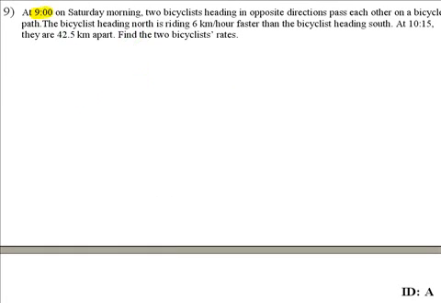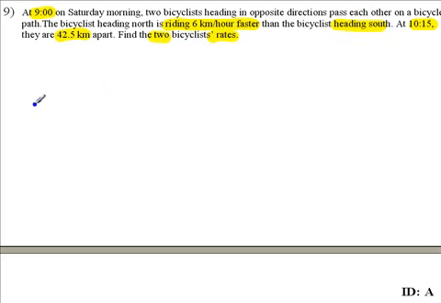It said at 9 in the morning on Saturday, two bicyclists heading in opposite directions pass each other on a path. The bicycle heading north is riding at 6 kilometers an hour faster than the bicycle heading south. At 10:15, they're 42.5 kilometers apart. We have to find the two rates of the bicycles. So if I was to draw a little picture of this, basically they're riding down a path.